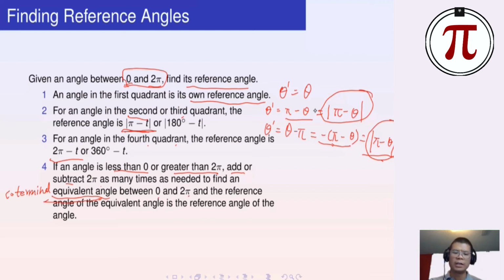The reference angle of the equivalent angle is the reference angle of the angle. Now you can just apply these three steps and find the reference angle. Now I'm going to demonstrate this procedure using several examples to make sure that you understand what we mean. So let's consider some examples here.